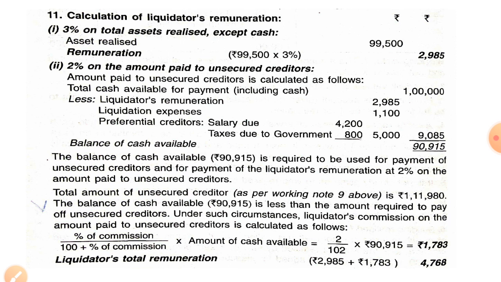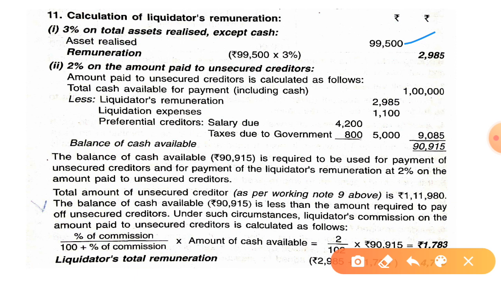Okay, now let us calculate the liquidators remuneration. They said 3% on the total assets realized, right? So what is the total value of assets realized? Here they have given assets realized. Whatever they have given in the adjustment only we have to take, right? So 99,500. Here we are not including the building, because we are considering it as secured creditors, they sold the building themselves and they have taken the amount, right?